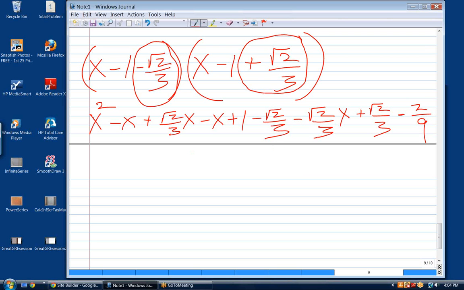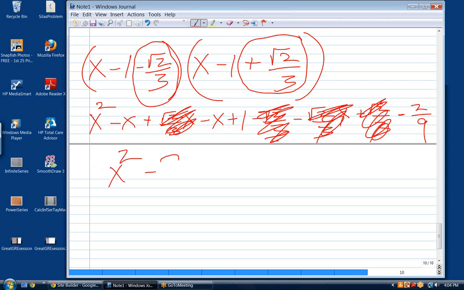Okay, now as in the last one, we know a lot of these terms are going to cancel, and it turns out that they're always the same terms that cancel. In other words, that cancels with that. That cancels with that. So the only thing we have left is an x squared minus 2x plus 7/9.